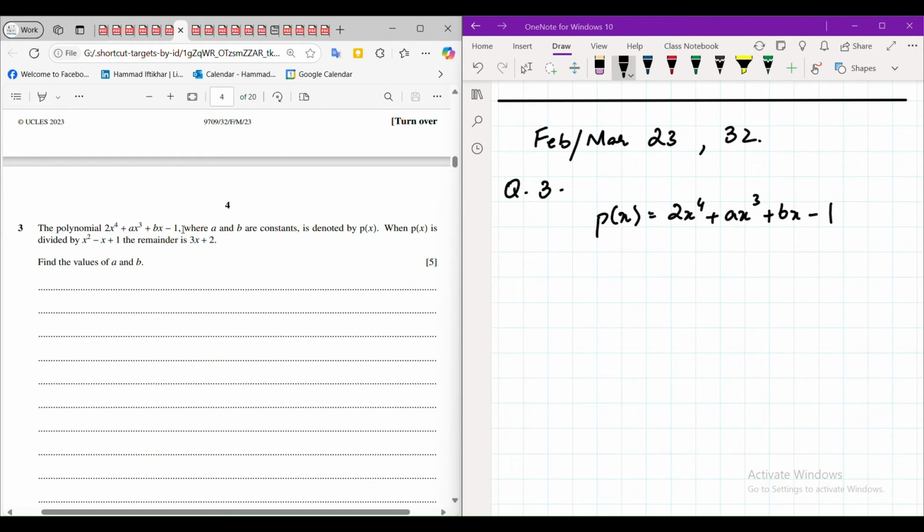Now, it's something very intuitive over here, that we don't necessarily have to go through the long division or the remainder factor theorem.